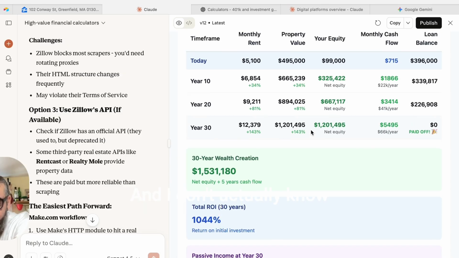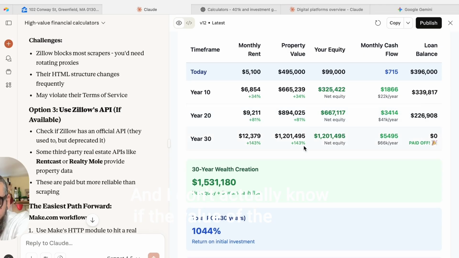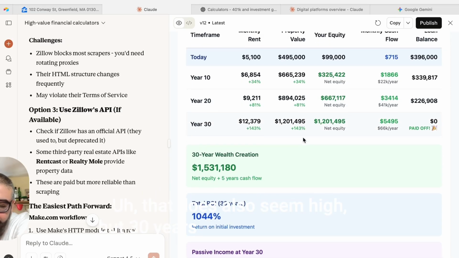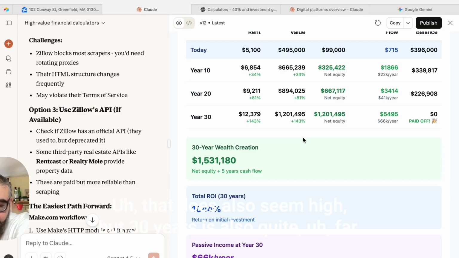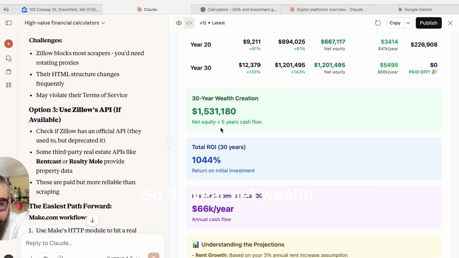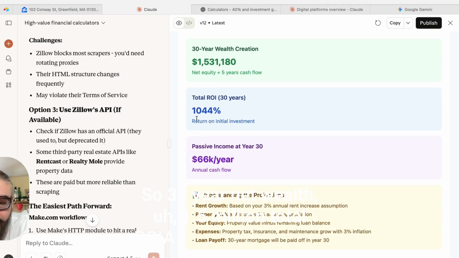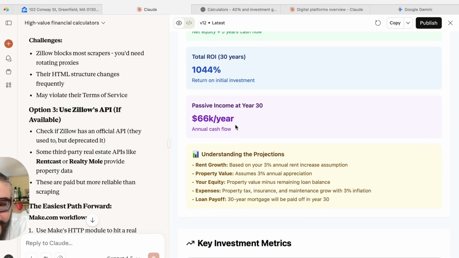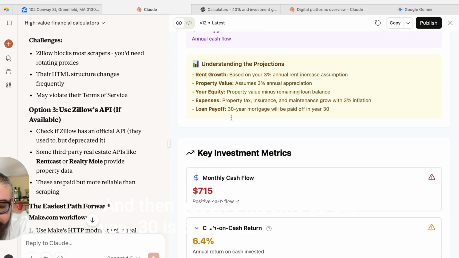And I don't actually know if the value of the house would be 1.2 million. That does also seem high, but 30 years is also quite a far distance away. So 30-year net wealth, 1.5 million. Total ROI, 1,000%. And then passive income at year 30 is 66K.